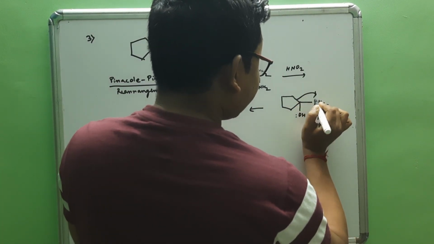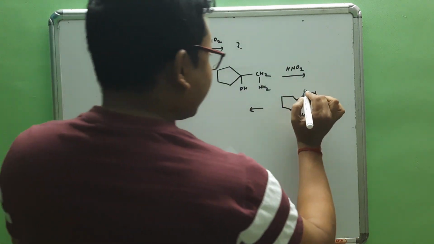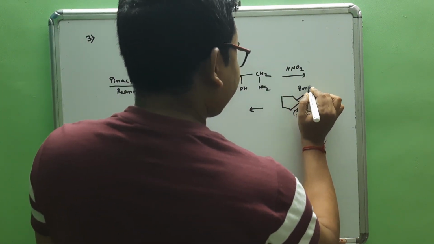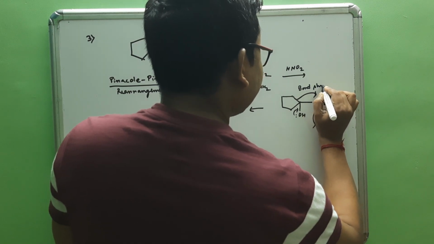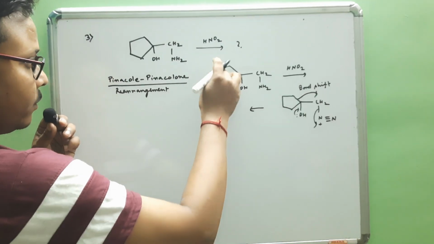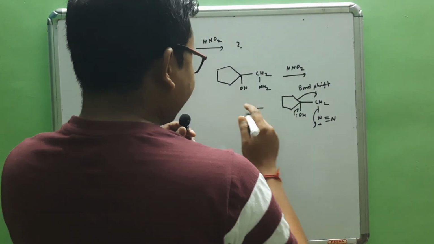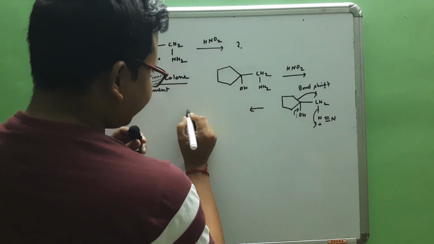So there is the bond shift. As the bond shifts, the ring expansion will occur because this is a 5-member ring, 1, 2, 3, 4, 5, and after shifting the bond to this carbon atom, it will expand to a 6-member ring.